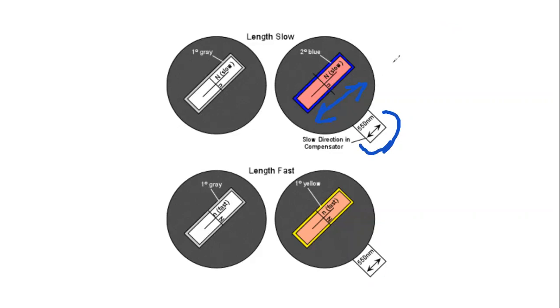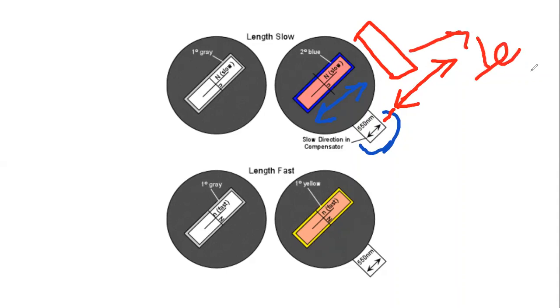But suppose the mineral has elongation in this direction, while the slow ray direction is in this direction, as the slow ray is parallel to the direction of slow ray shown on the accessory plate. Then such elongation is termed as perpendicular elongation.